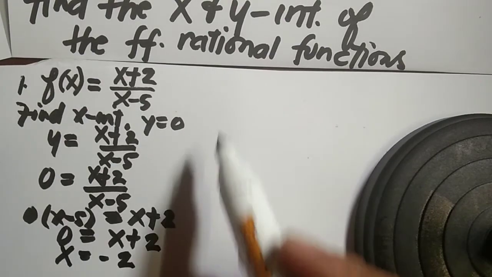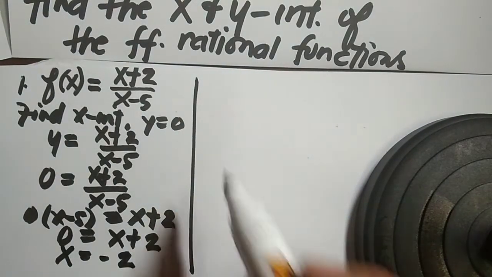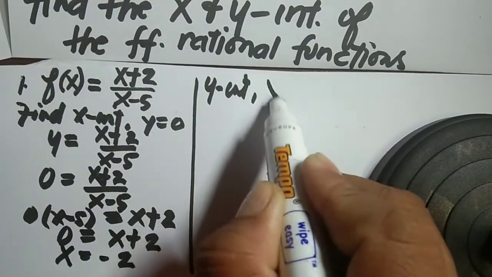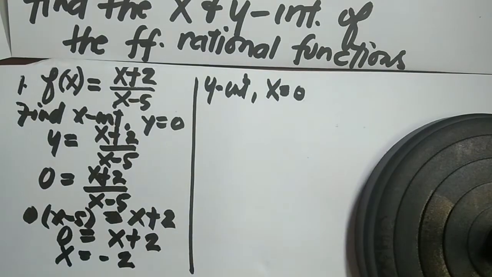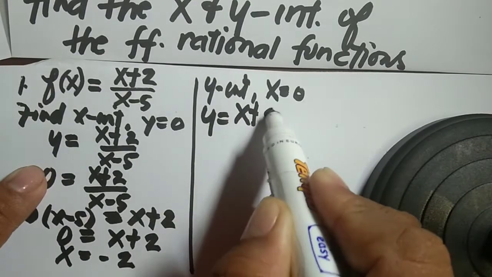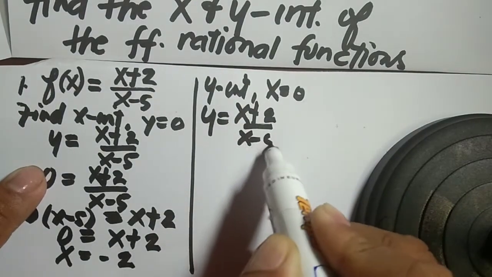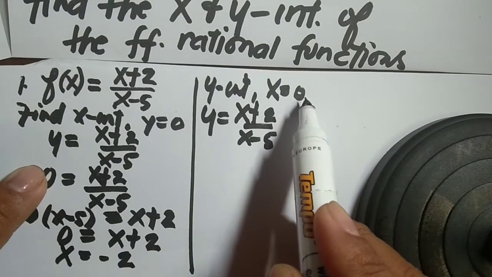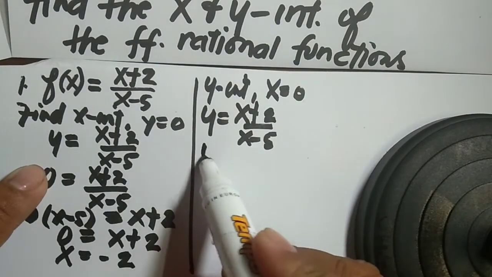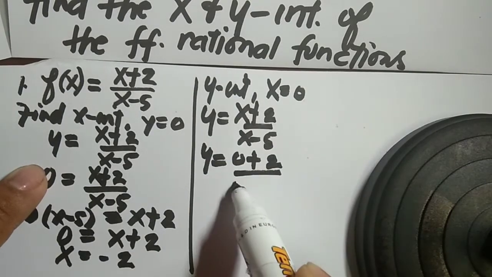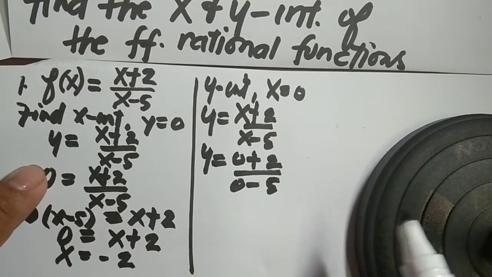How about the y-intercept? Very simple, for the y-intercept, we let x equal 0. Again, y equals x plus 2 over x minus 5. Instead of x, we substitute 0, so we have 0 plus 2 over 0 minus 5.